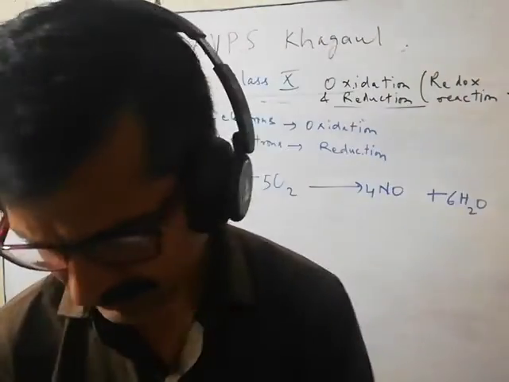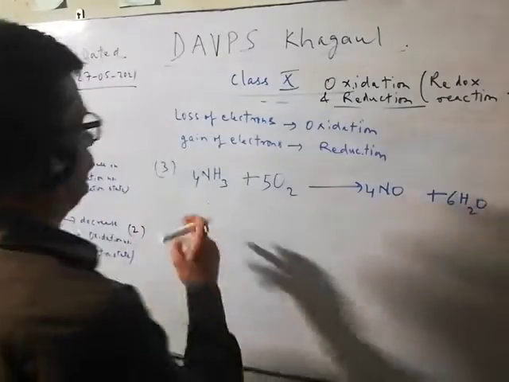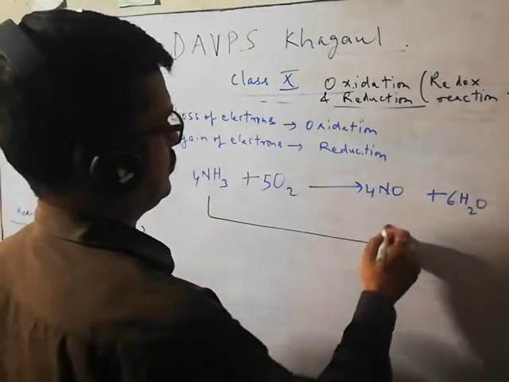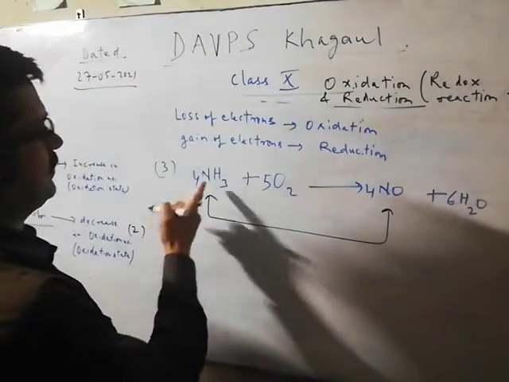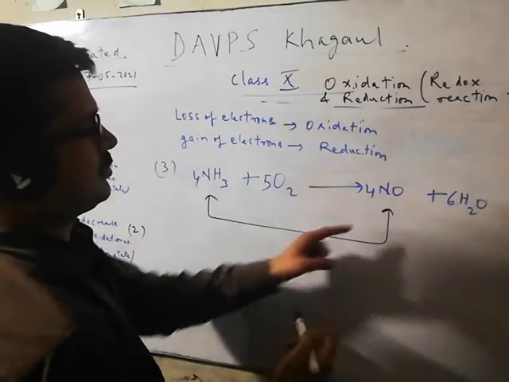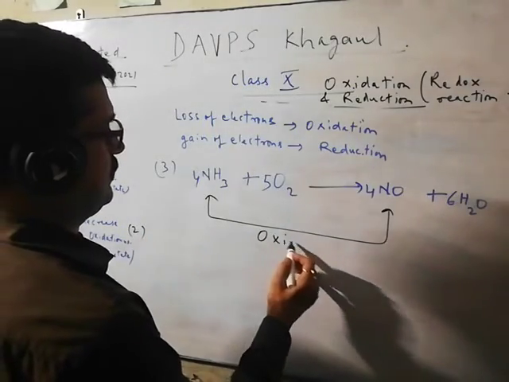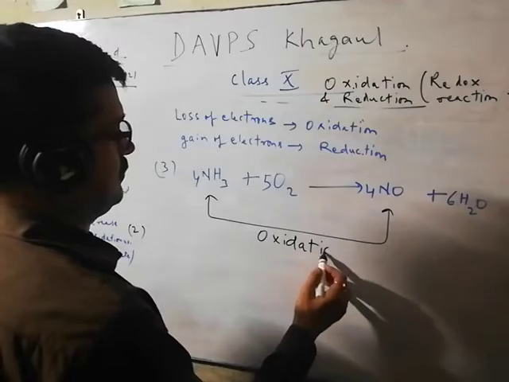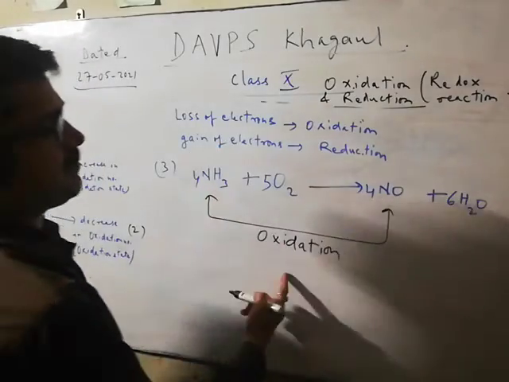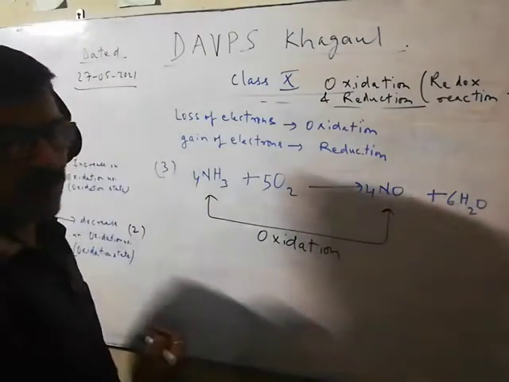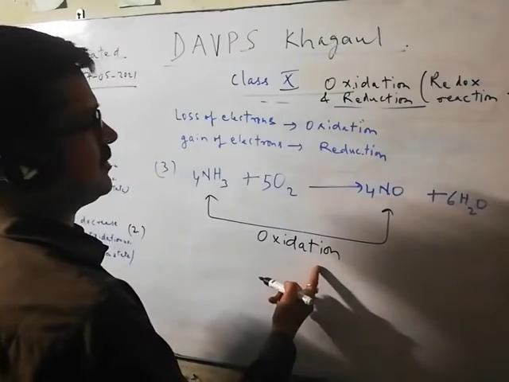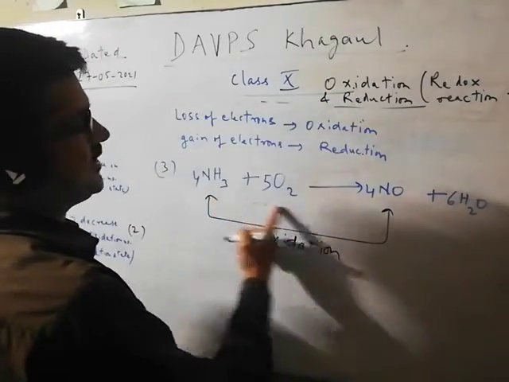So we can write oxidation. Ammonia is being oxidized to nitric oxide. This is oxidation. Why? Addition of oxygen.